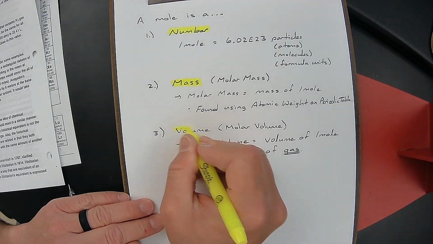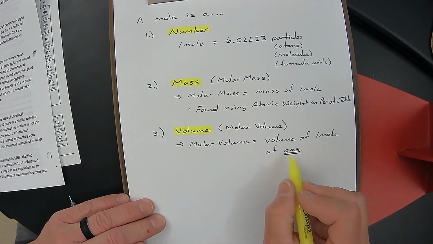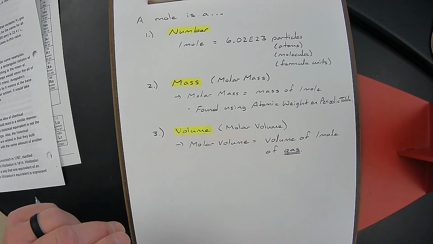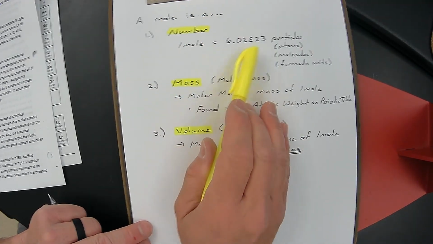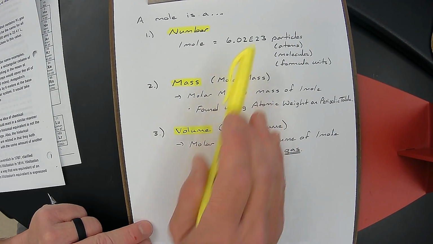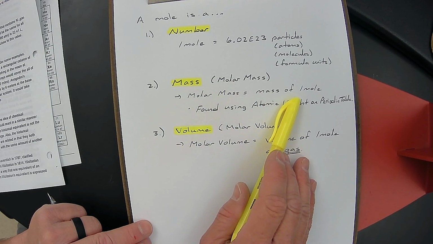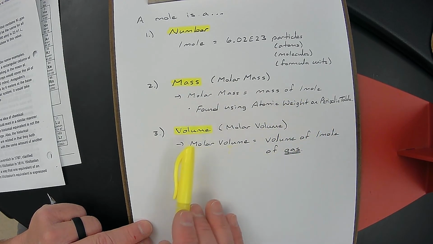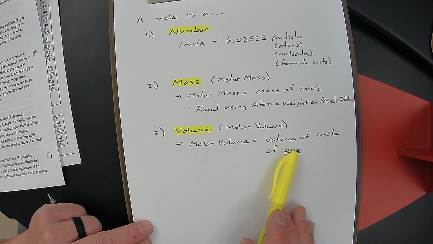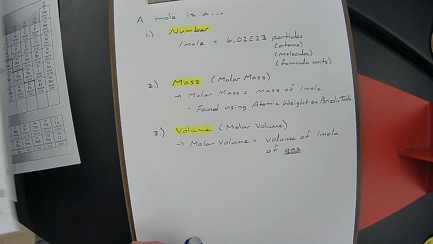So there are some stipulations, some rules on whether we can use this third piece. When you're dealing with a mole as a number, there's no restrictions. It's always this number. When you're dealing with a molar mass, there's no restrictions. It's always that mass from the periodic table. When you're dealing with the volume, there are some restrictions. It's the volume of 1 mole of gas. Now, what are the restrictions?